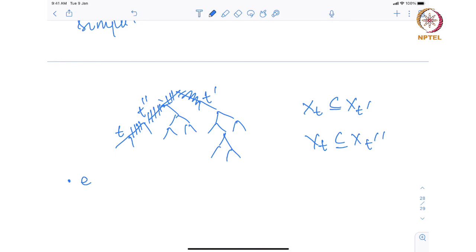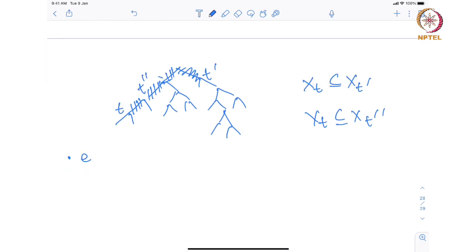And how can we get rid of non-simple edges? It is very simple. In this tree decomposition, suppose I have a t and a t double prime, and X_t is contained inside X_t double prime, and suppose t has some children, T1, T2, T3.